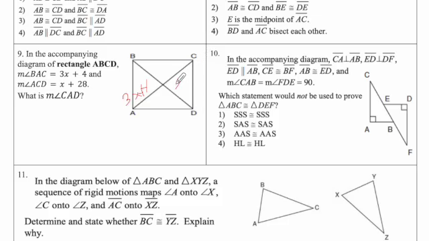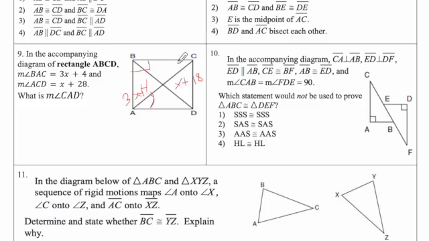And we have angle ACD, x plus 28. What is angle CAD? So we want to find this angle. We know that in a rectangle, all of the full angles are 90 degrees. So this plus this equals 90, this plus this equals 90.